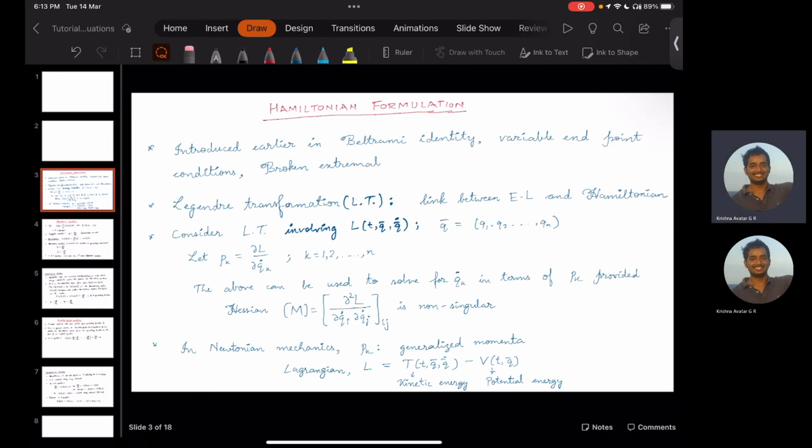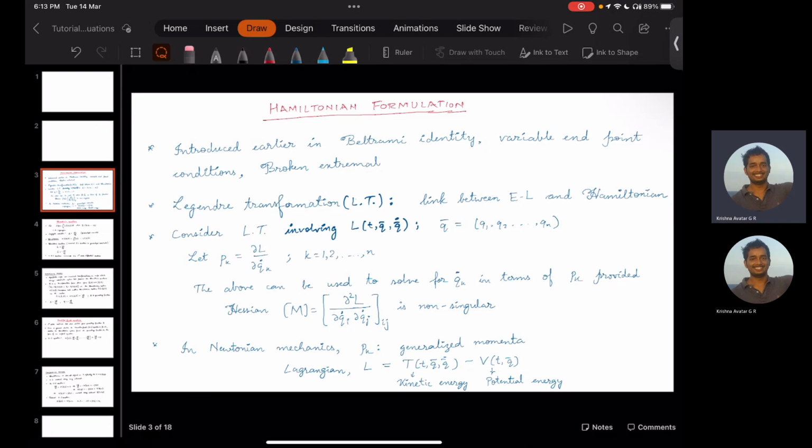In Newtonian mechanics, we define Pk as generalized momenta and Qk as the generalized coordinates, which can stand for anything, say displacements or angular displacements.